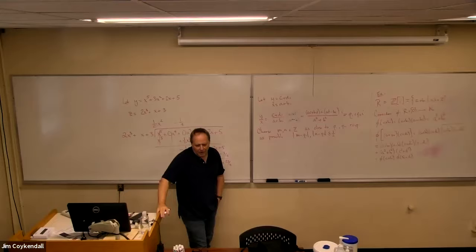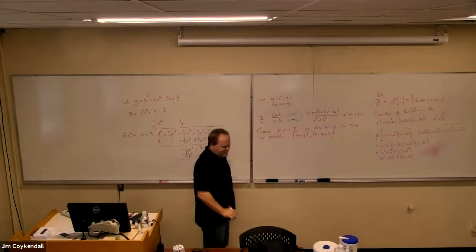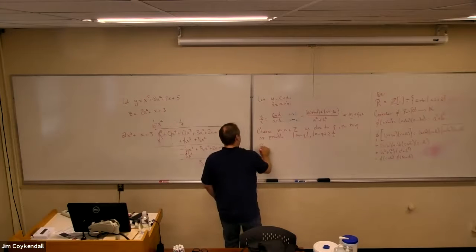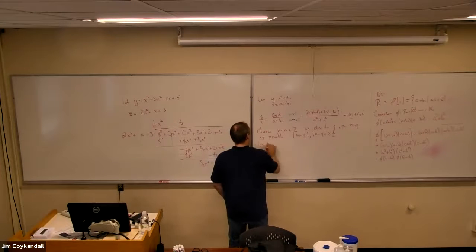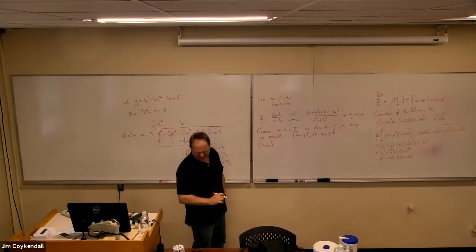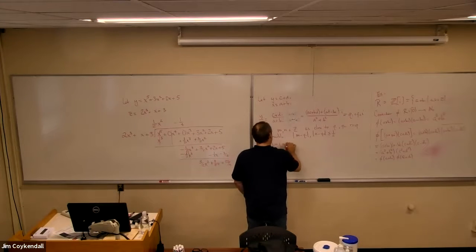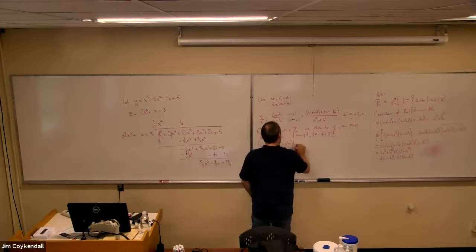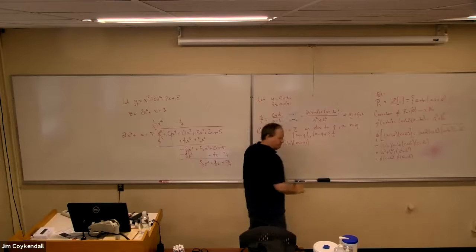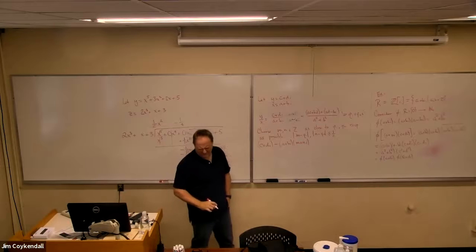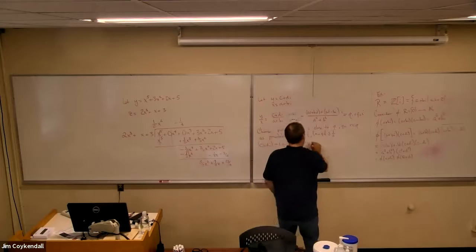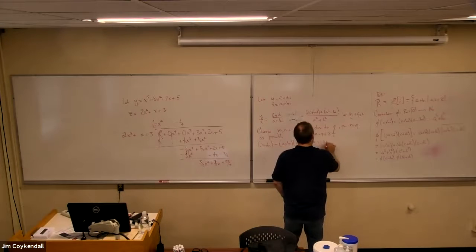Right. So let's note that c plus di minus a plus bi times m plus ni is equal to R1 plus R2i.